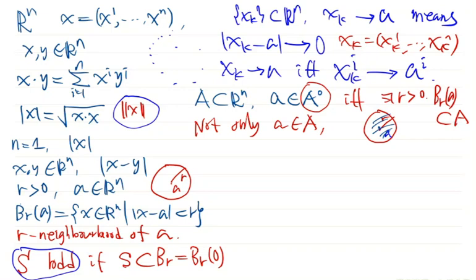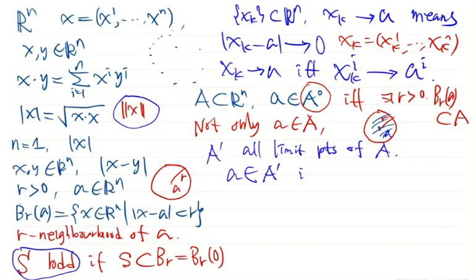And then we also need another important concept, the limit set, denoted by A prime. A prime consists of all the limit points of the set A. Then what is a limit point? a is a limit point means a is an element of A prime.